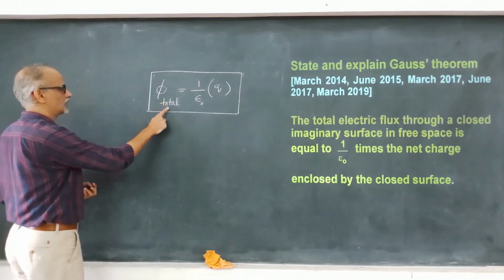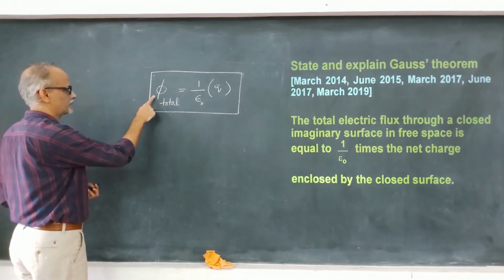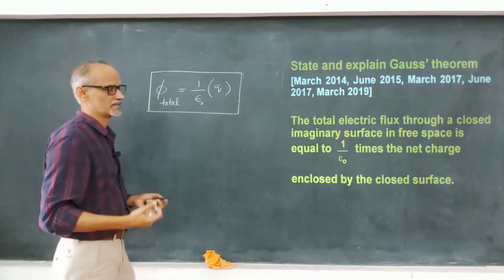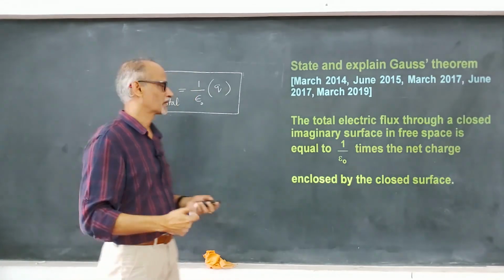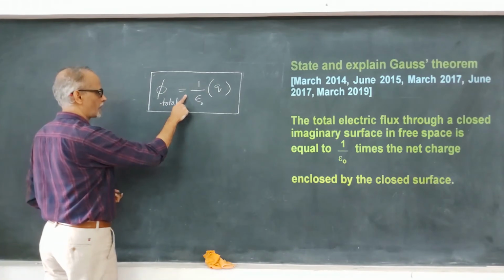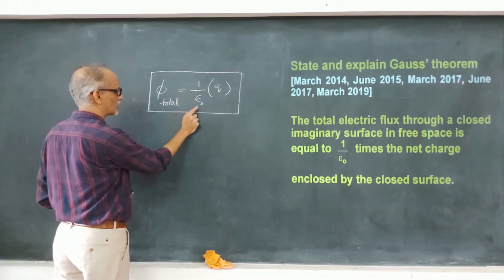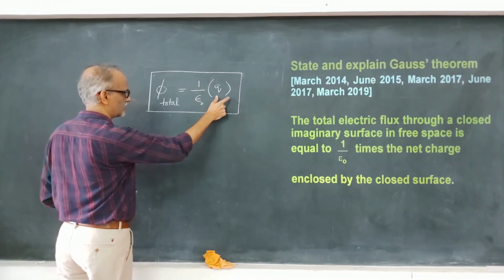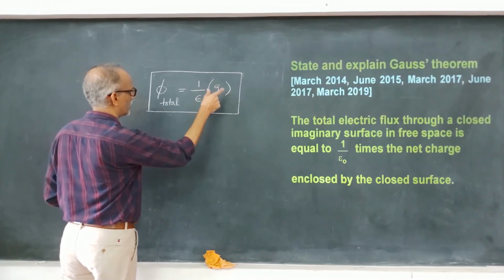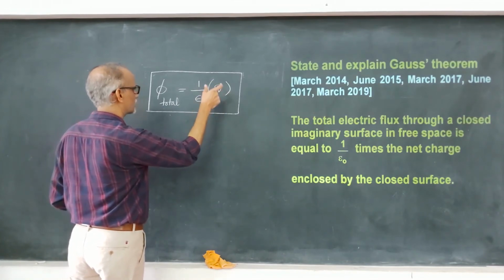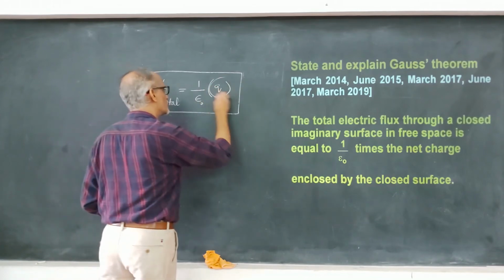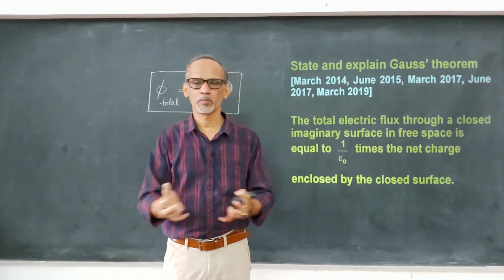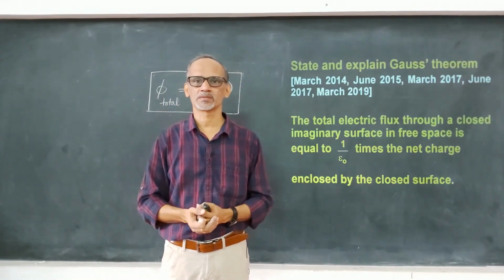So the total electric flux through a closed imaginary surface in free space, means in vacuum, is equal to 1 by epsilon naught times Q, the net charge enclosed by the closed surface. So this Q has to be the charge present within the enclosed surface.